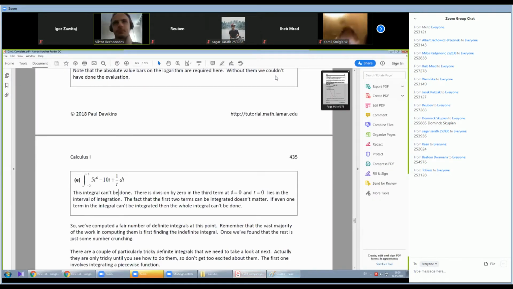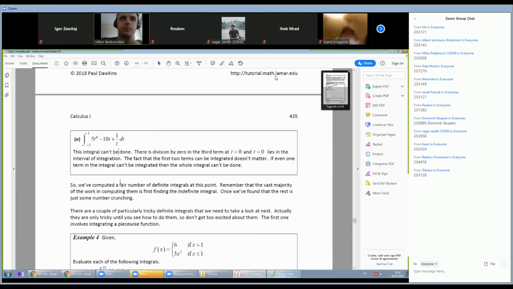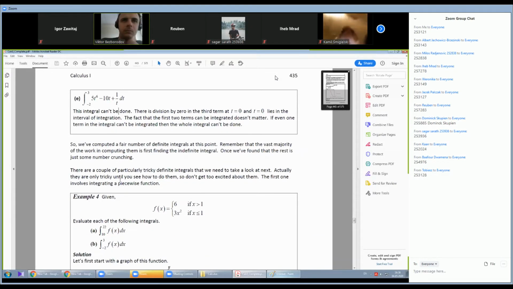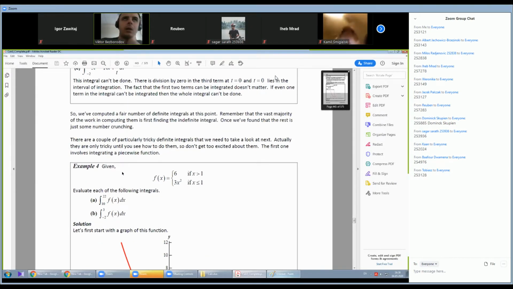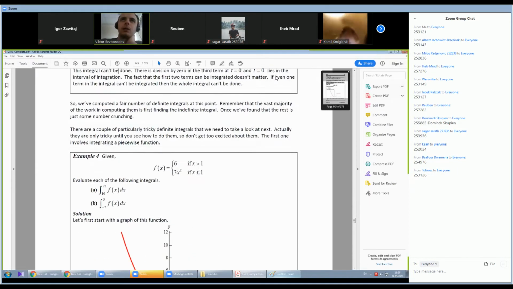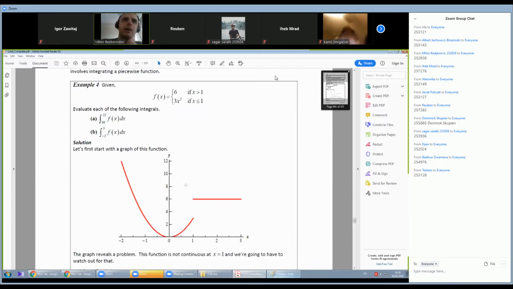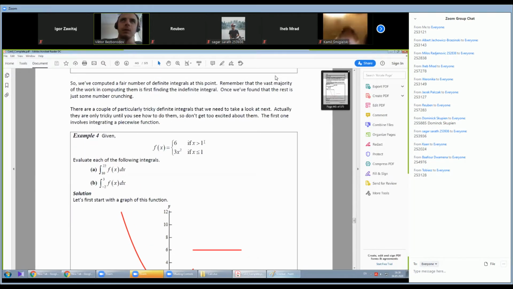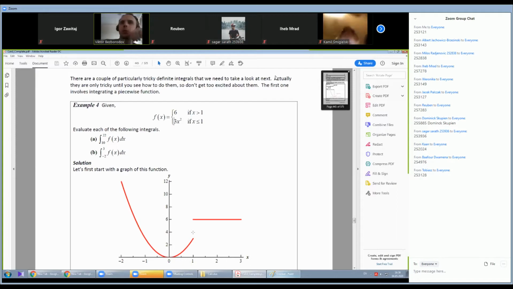Right. Okay, so then you have a piecewise defined function. So how to do integrals for a piecewise defined function? So you see that the discontinuity point is 1, right? So 1 is the discontinuity point.